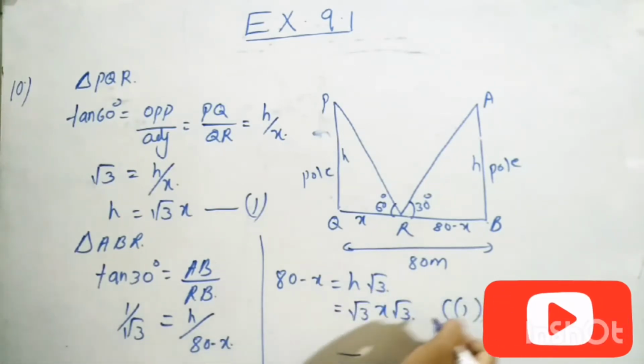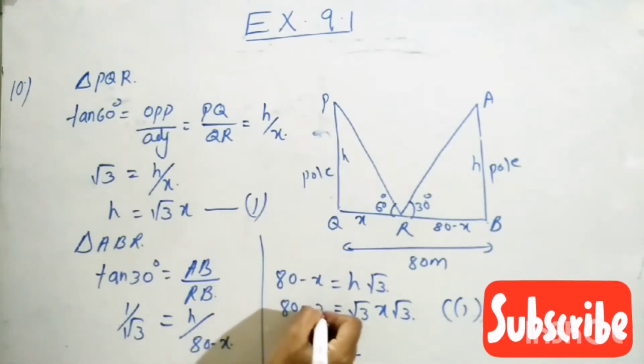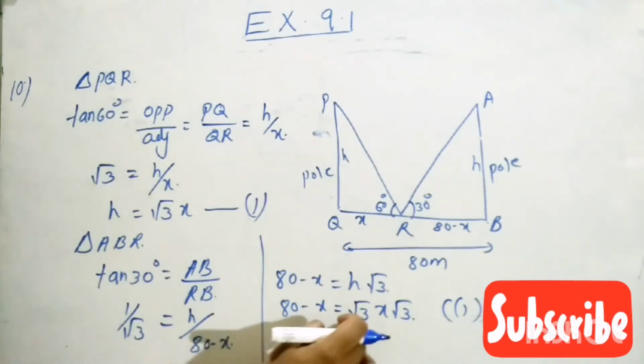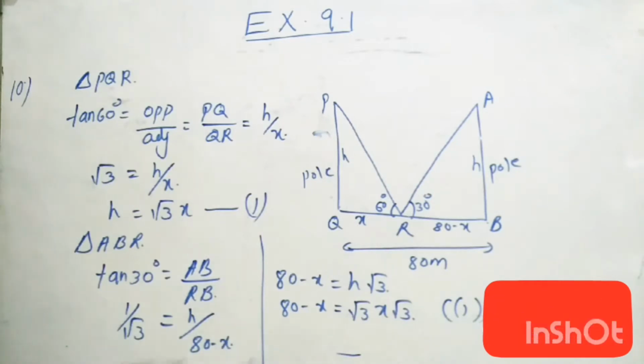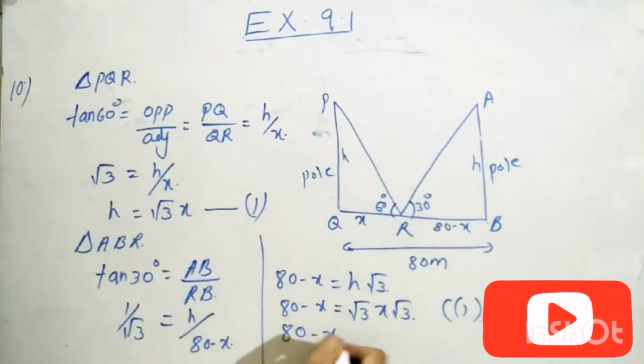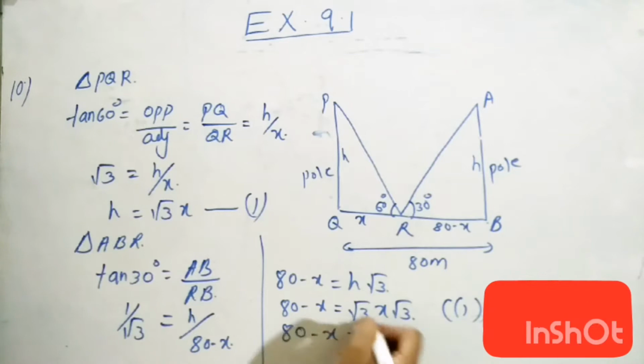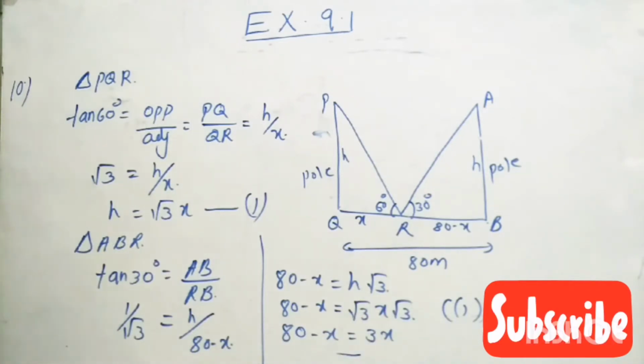So 80 minus X is equal to root 3 X into root 3, or we can write 80 minus X is equal to 3X, since root 3 into root 3 is 3.